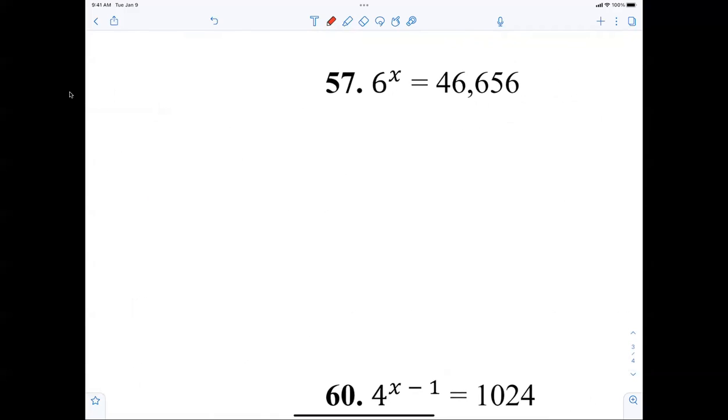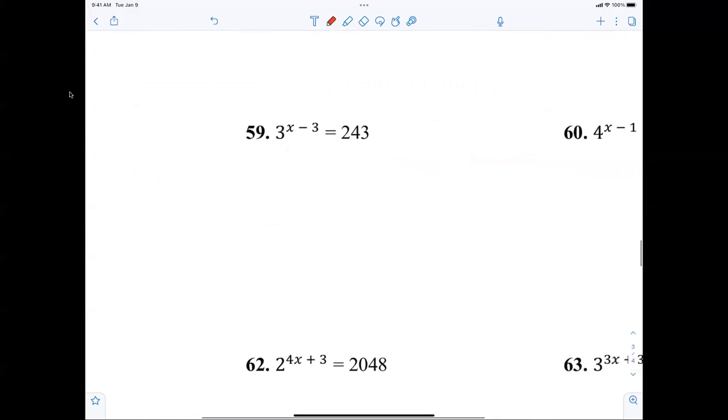6 to what power is 46,656? Somebody said 8. Josh, is that you? Okay, 6 to what power is 46,656? What is it? 6. Is everybody happy with that?